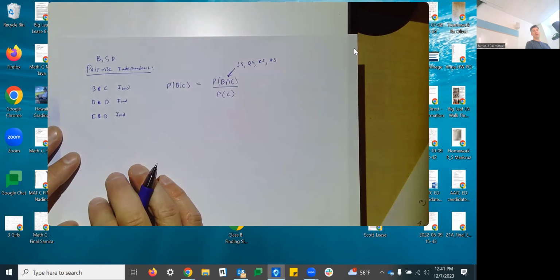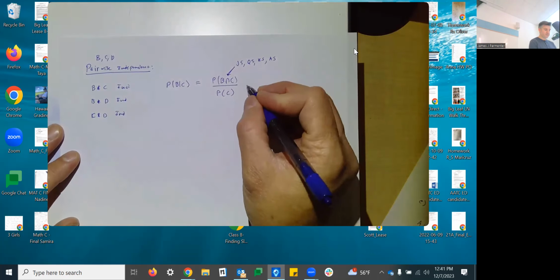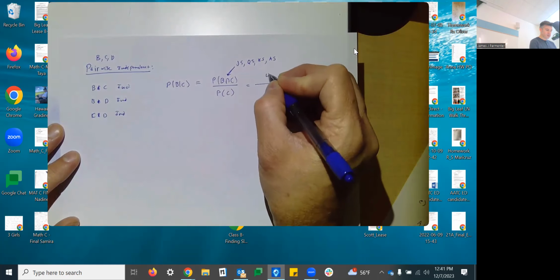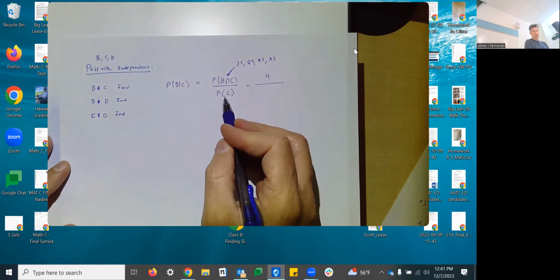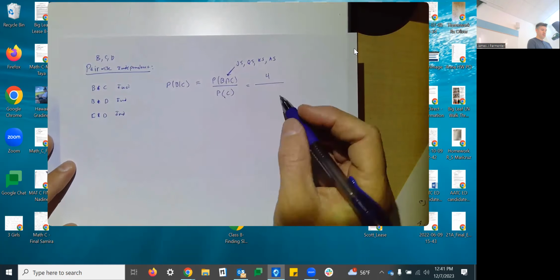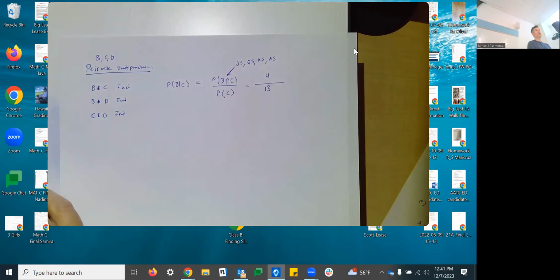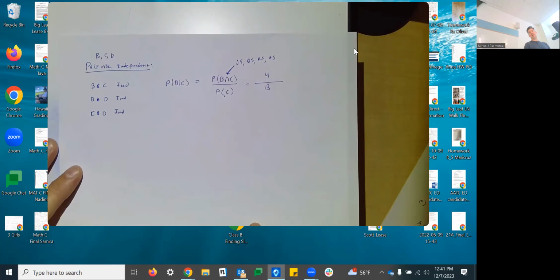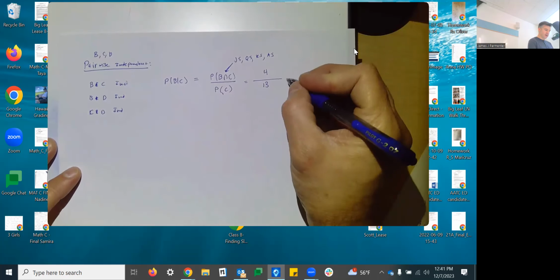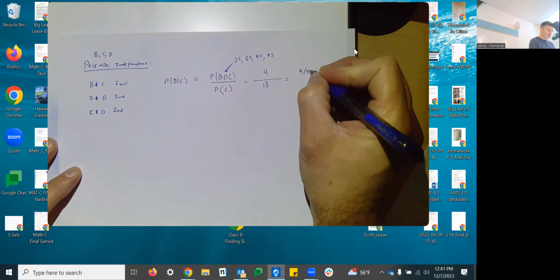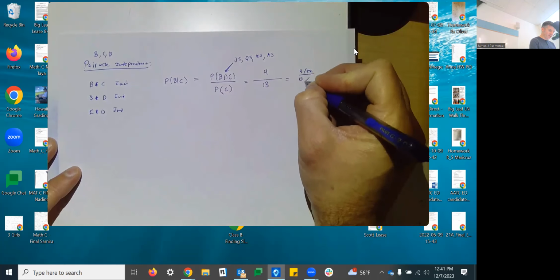There are 4 cards in there. And then C was the probability of being a spade. There are 13 cards in there. Notice how I'm writing this differently than I'm saying it. If I was really writing this as probabilities, I would write this as 4 out of 52 over 13 out of 52.